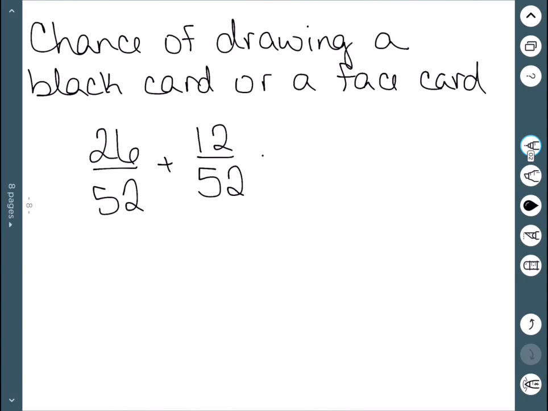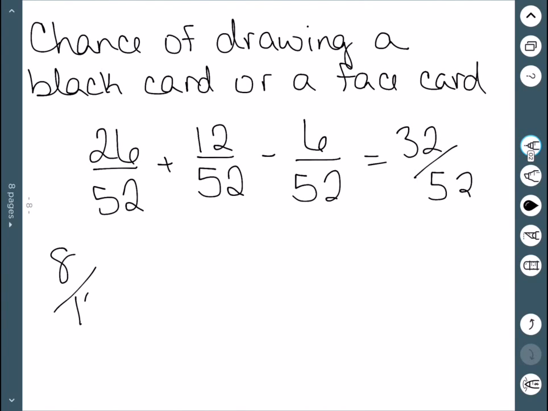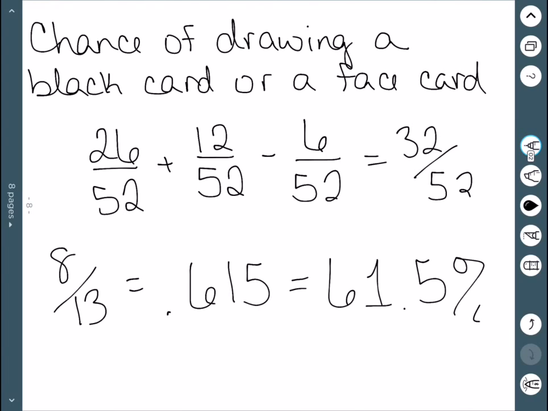Well, half of those face cards are also black, so we've counted them twice, and we need to subtract them out. 26 over 52 plus 12 over 52 minus 6 over 52 is a total of 32 over 52. Once again, we can write this several different ways. A reduced fraction is 8 over 13, a decimal 0.615, and a percent 61.5%.